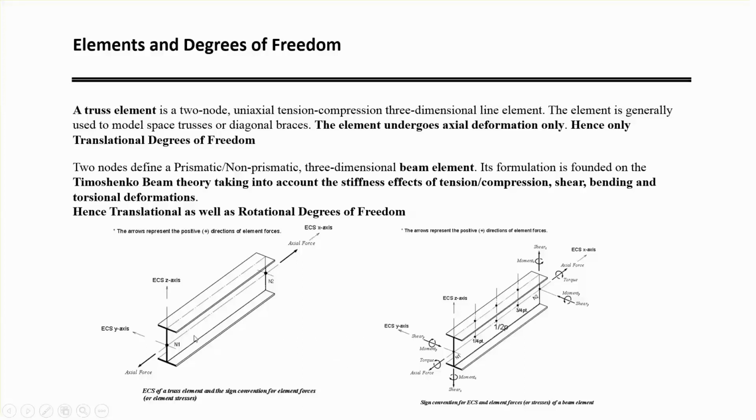This is going to be the axial force, and the beam element has 3 degrees of translation as well as 3 degrees of rotation. So in all there are 6 degrees of freedom, and for the truss element it is 3 degrees of freedom. While connecting a truss element to a beam element, we have to make sure of the stability.